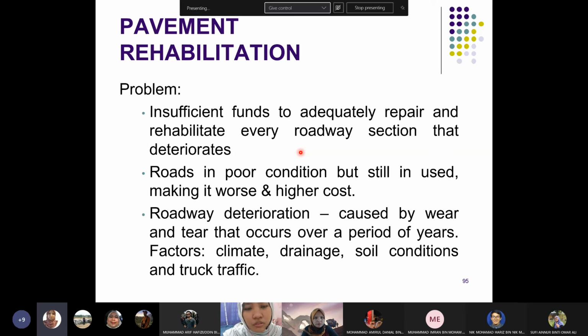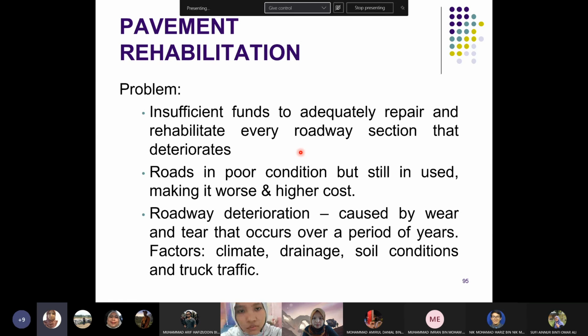So roadway deterioration is mostly caused by wear and tear due to the loading from the vehicles, right? And this is not a short-term process. It will cover a long period of time, over years. Not only from the loading of the vehicle, but from the climate itself, due to insufficient drainage system, improper drainage system, and weak soil condition.